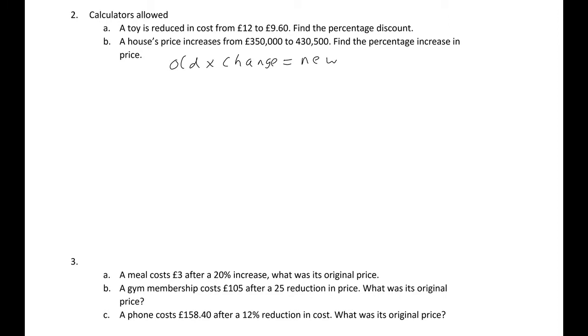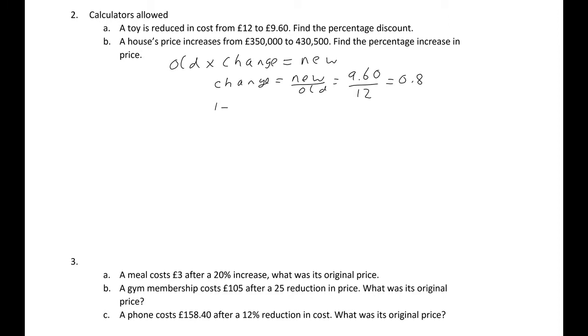In this case, we've got our new price and our old price, so we know that change equals new over old. The new price is £9.60, the old price is £12, and that gets me 0.8. Now that's the change, right? So we just see how much that changes from 1.